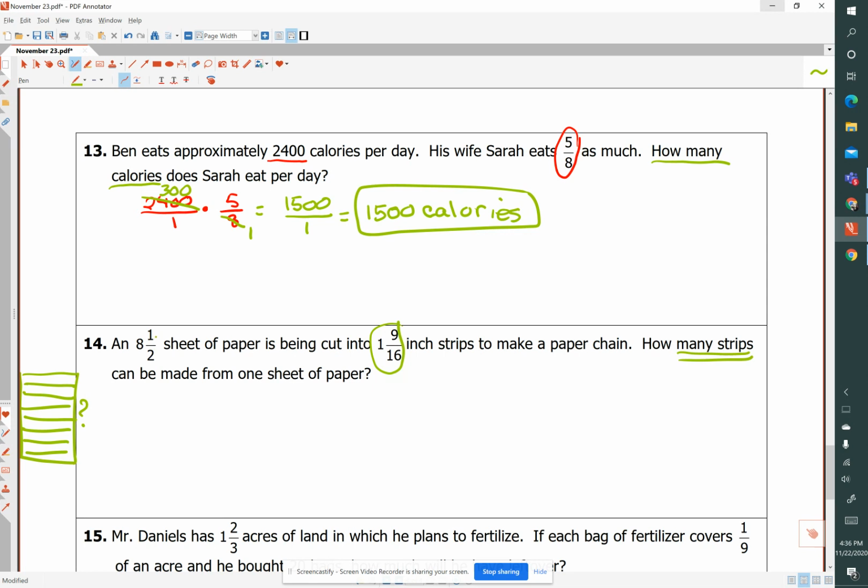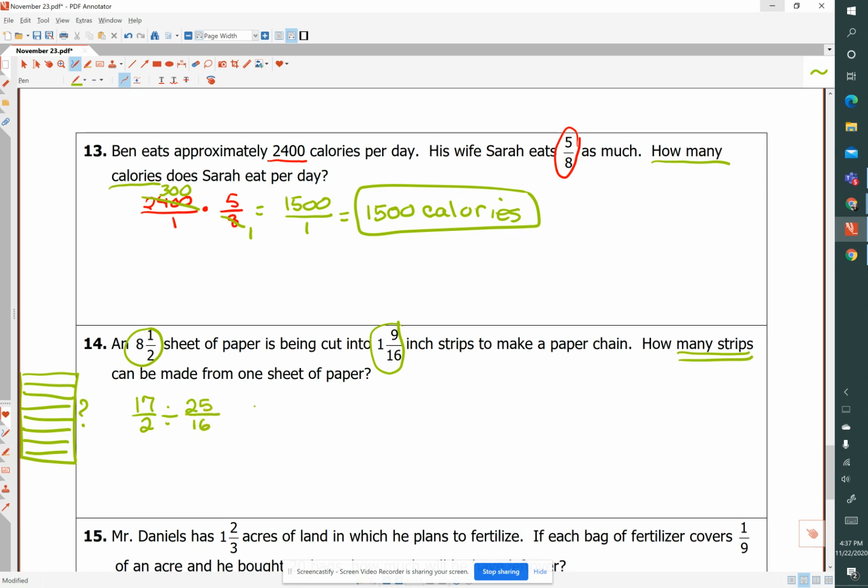So what we're going to do is divide. We'll convert this 8 1/2 to an improper fraction. So 8 times 2 is 16 and 1 is 17. 17 halves divided by, again, 1 9/16. Let's make that into an improper fraction. 16 times 1 is 16 plus 9 is 25 sixteenths.